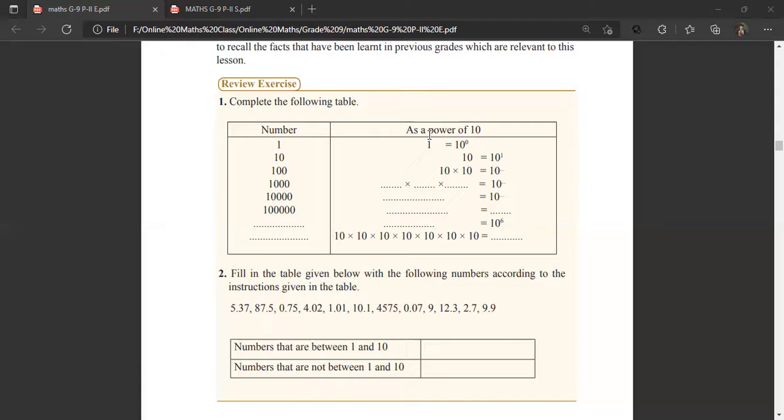Fill in the blanks with numbers that are between 1 and 10. What can the numbers be? 5.37. First I want numbers between 1 and 10. 5.37, yes. 0.75. Is that between 1 and 10?